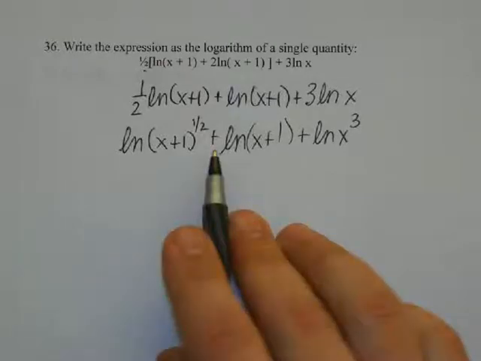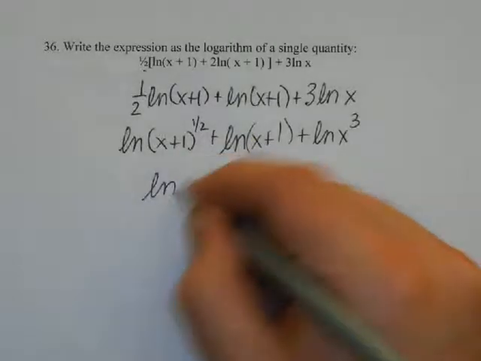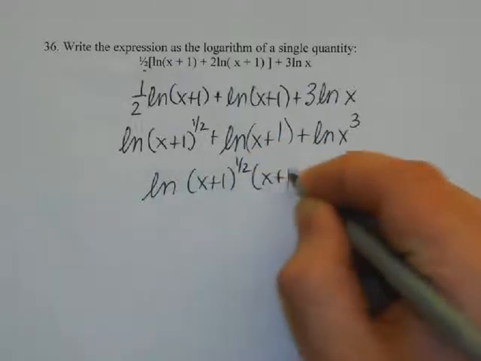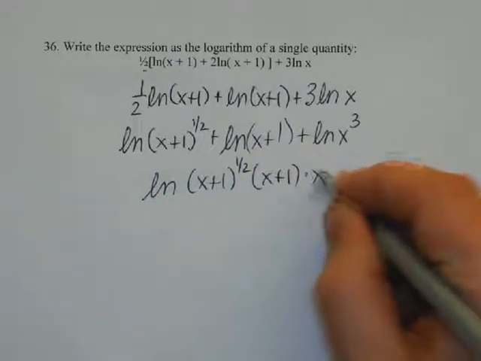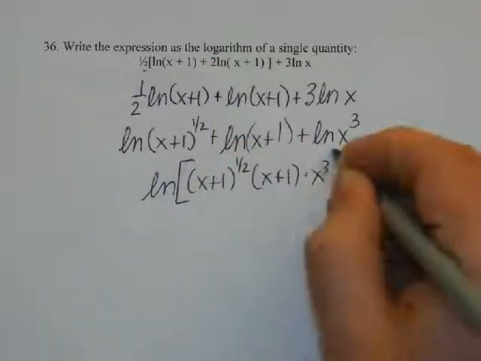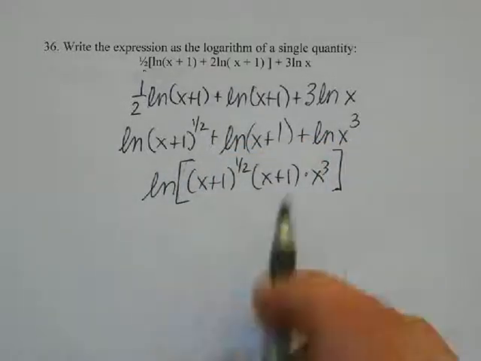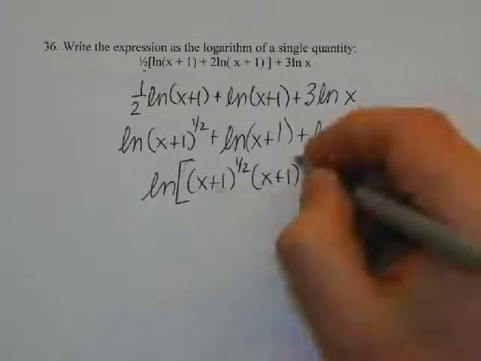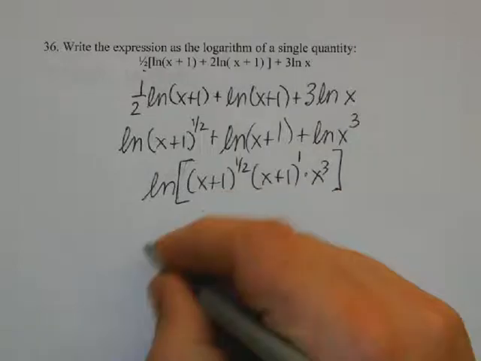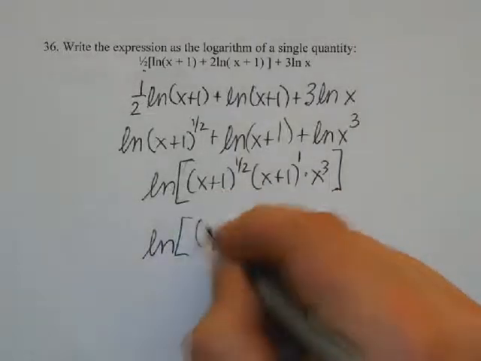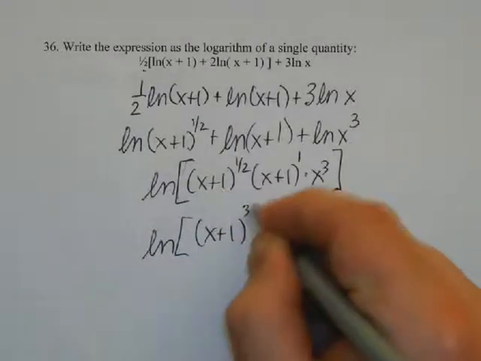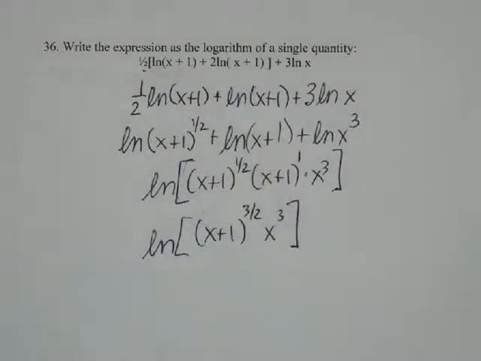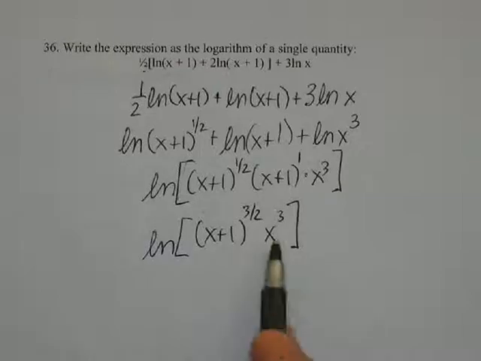At this point, we can rewrite it: (x plus 1) to the 1/2 times (x plus 1) times x cubed. Now, at this point, we can actually combine these. Remember, this is the first power. So it's the natural log of (x plus 1) to the 3/2 power times x cubed. If you put x cubed first, that's fine also.